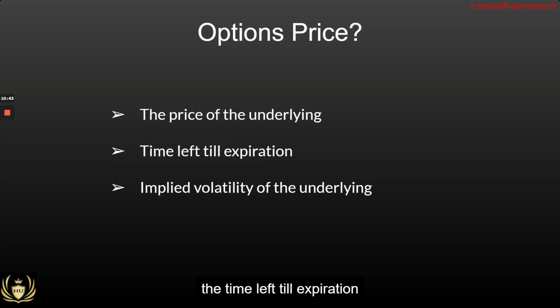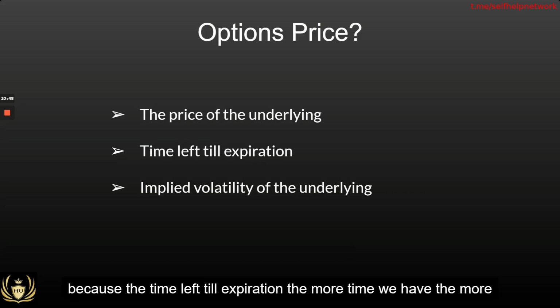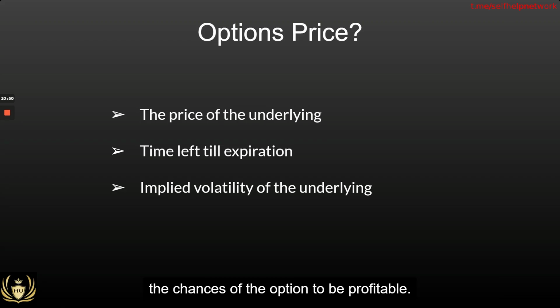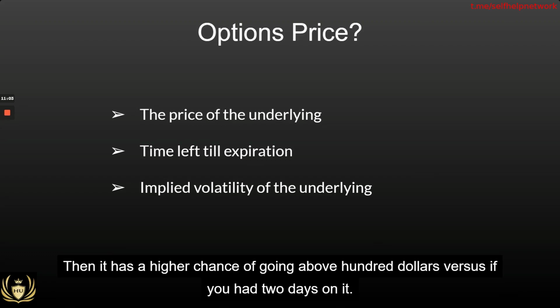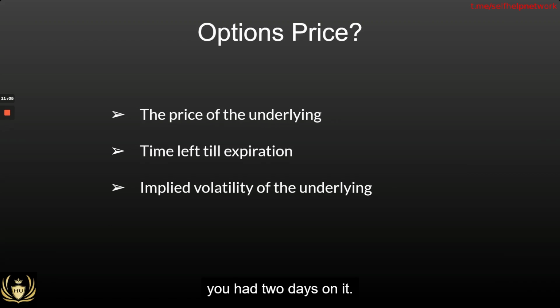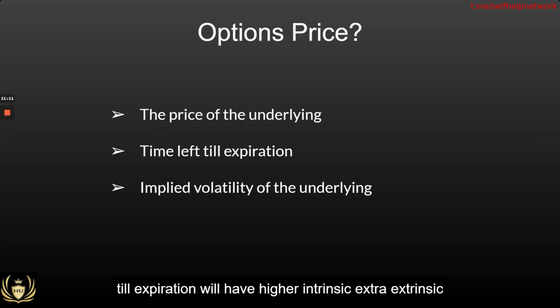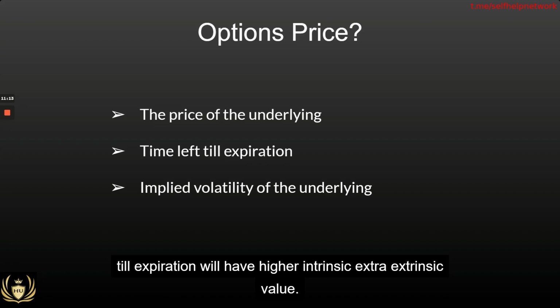Then, the time left till expiration. The more time we have, the more the chances of the option to be profitable. Because let's say Apple is at 95 right now. If we have 100 days on it, then it has a higher chance of going above $100 versus if we had 2 days on it. So an option with more time left till expiration will have higher extrinsic value.